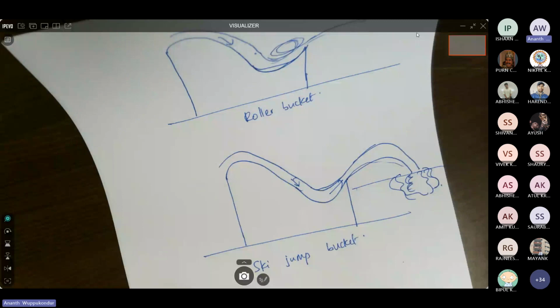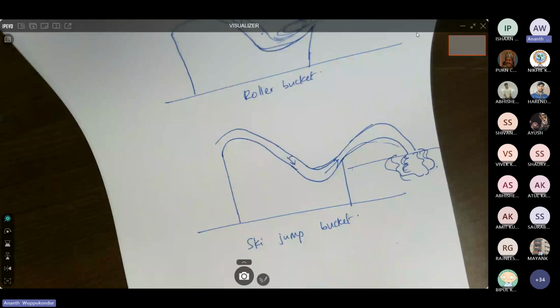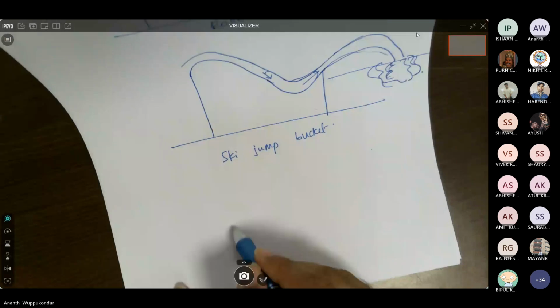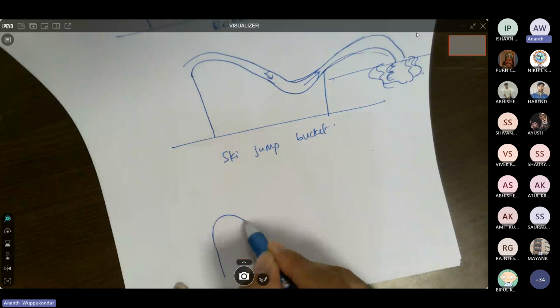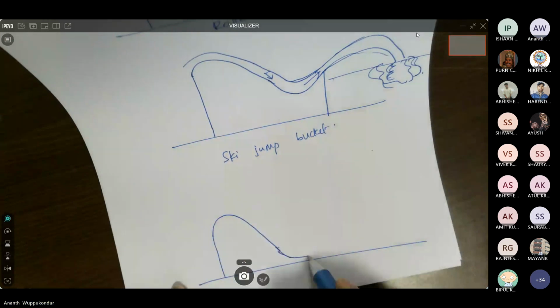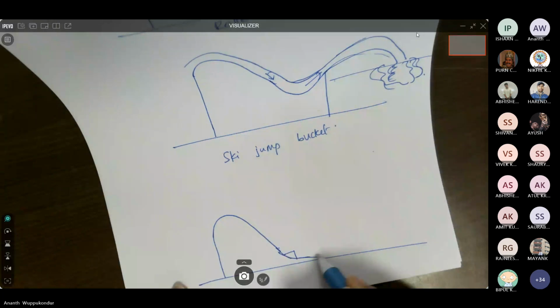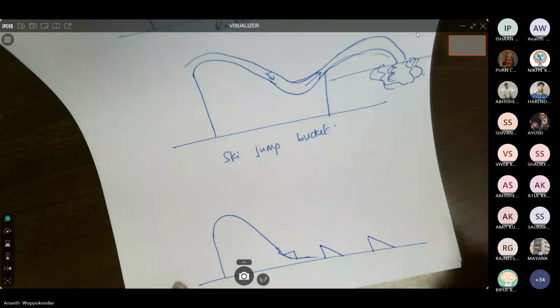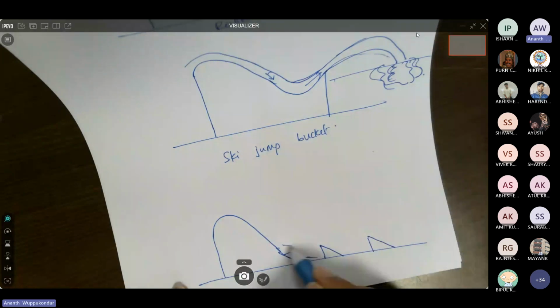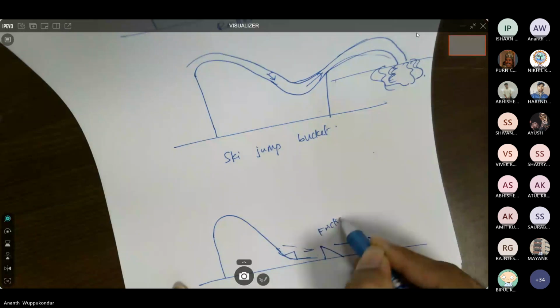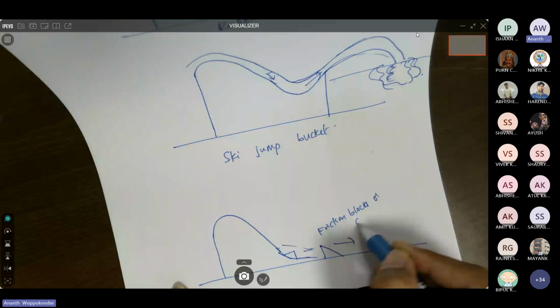And then we also have chute blocks. So let's say that is the spillway. Then what we do is to provide blocks. These are called friction blocks or chute blocks.